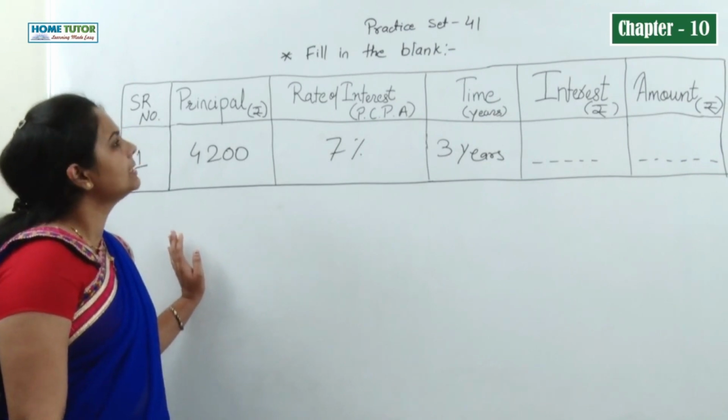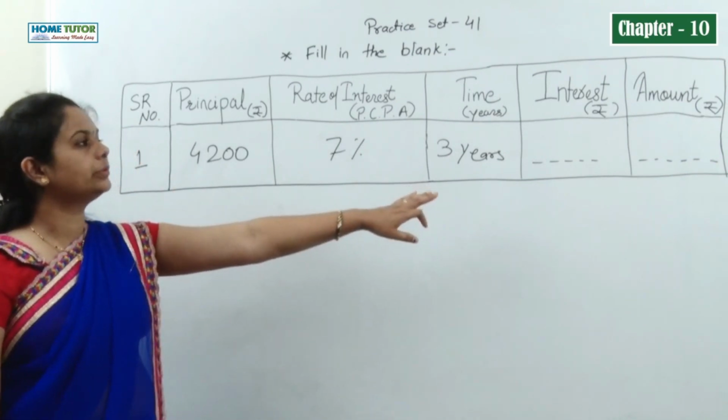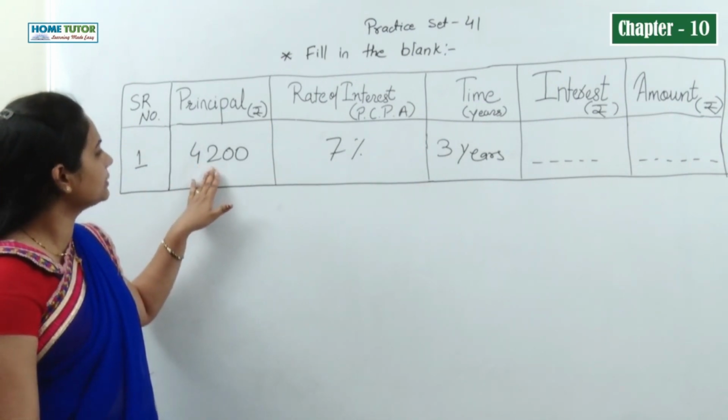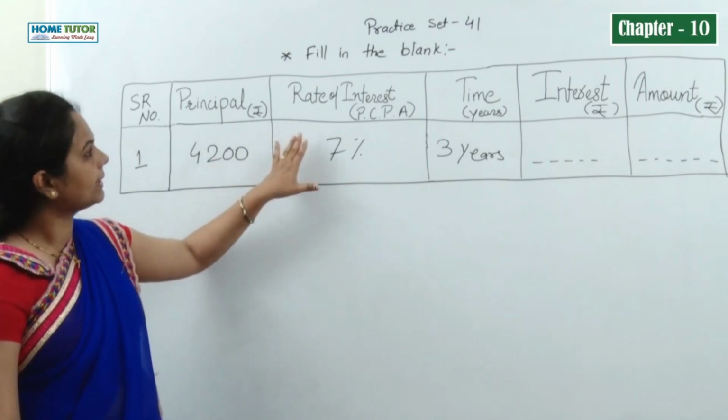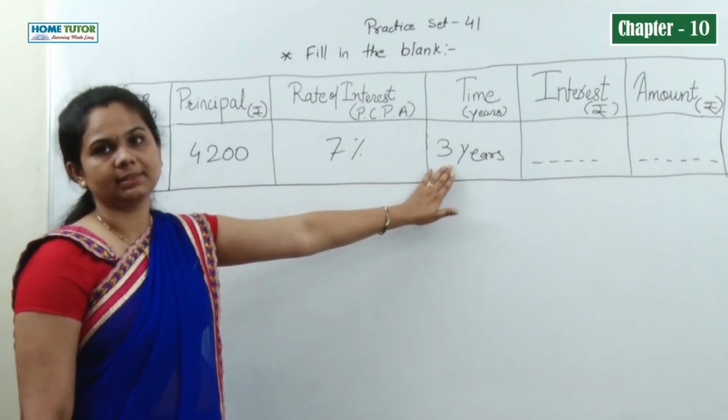Now next question is fill in the blank. The values are given and we have to find the blank one. Means in first question principal is 4200, our rate of interest is 7% per annum and the time is 3 years.